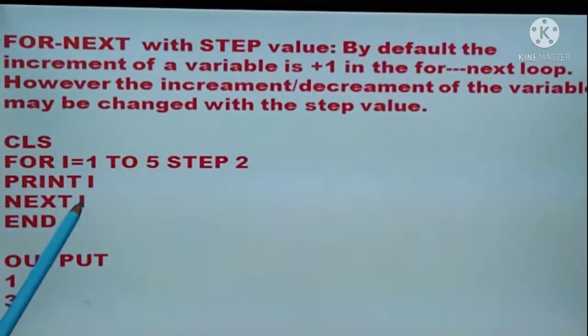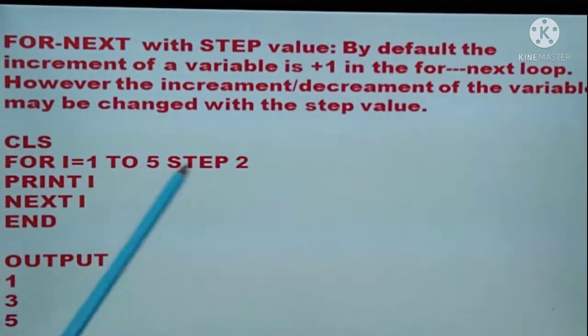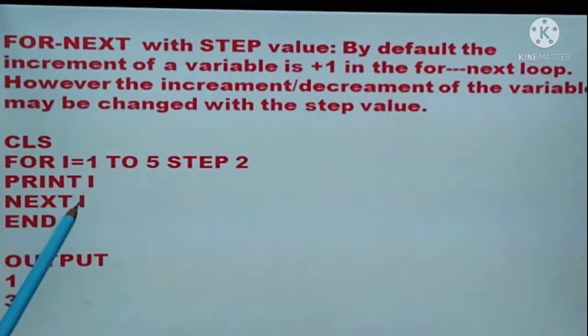Then next I means here I have written step 2, so I will be 1 plus 2. So it will print 3. Again, next time is 3 plus 2, so it will print 5. So accordingly, see the output 1, 3 and 5.